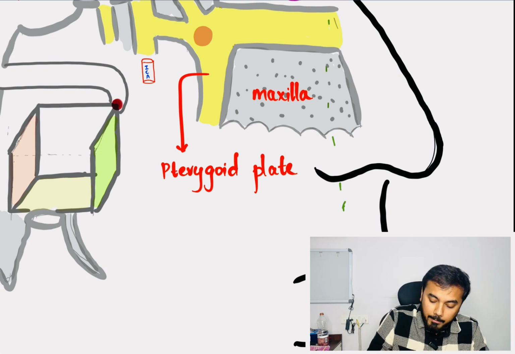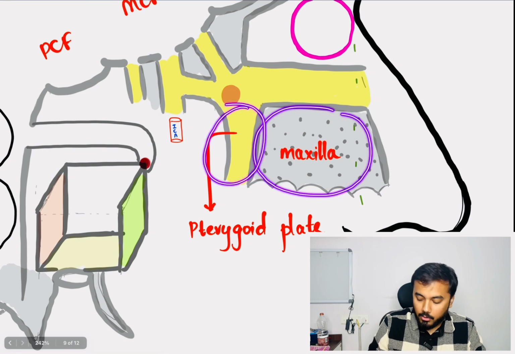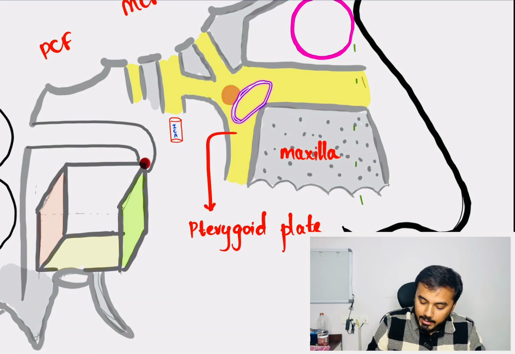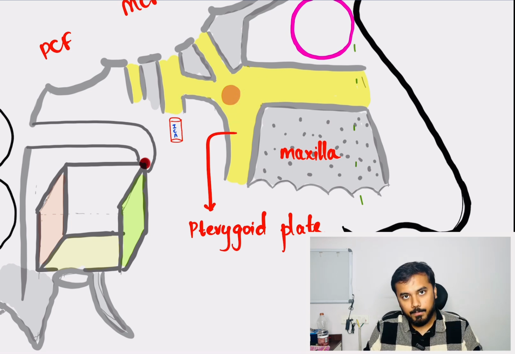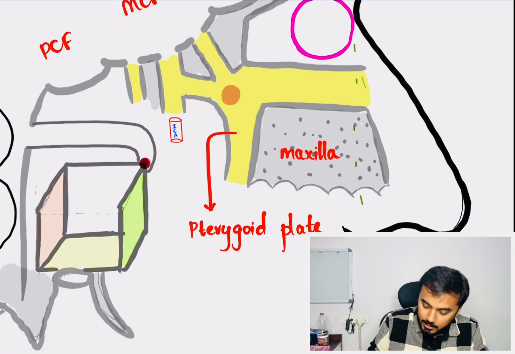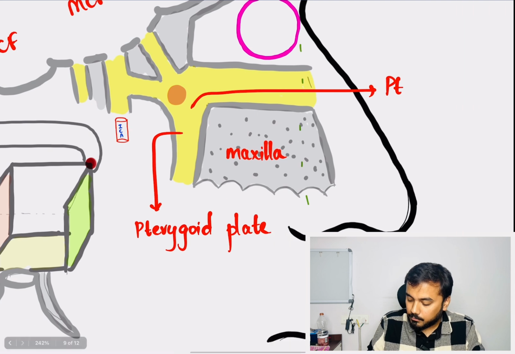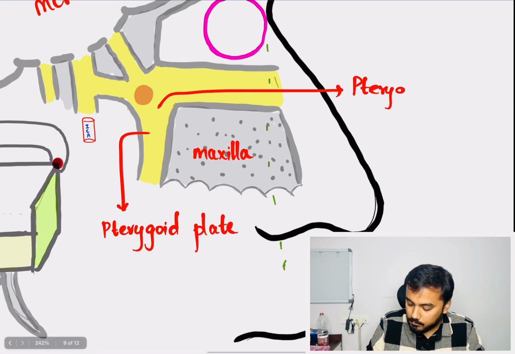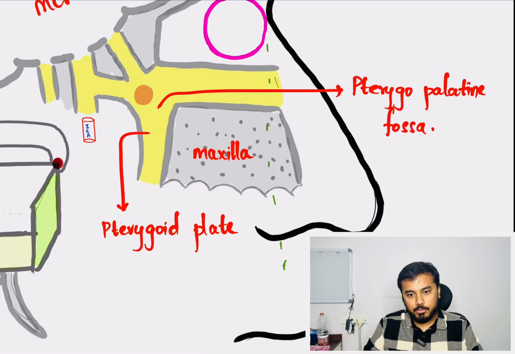So between the maxilla and pterygoid plate, this space whatever you can see over here is called the pterygopalatine fossa. So this is your pterygopalatine fossa over here.